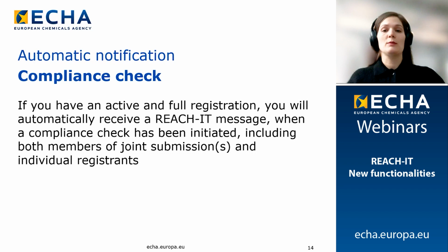It's independent from the list of addresses that will eventually receive a draft decision, as at this stage it is not known yet. Currently, these notifications are sent out by ECHA in batches around once a month, and by having this automation, registrants will immediately know when ECHA has started to work on a compliance check that concerns a substance they have registered.